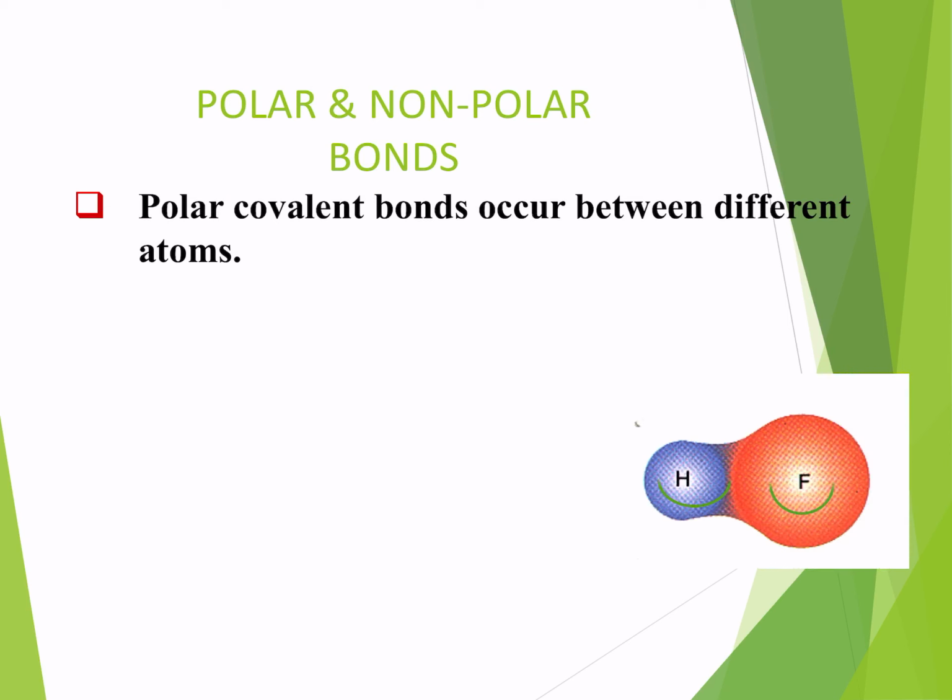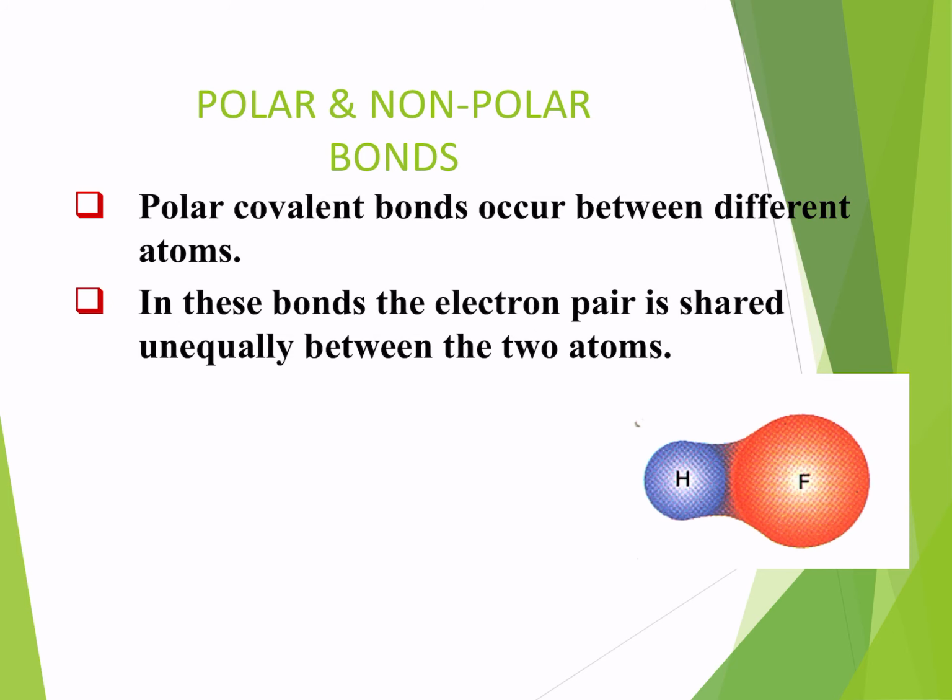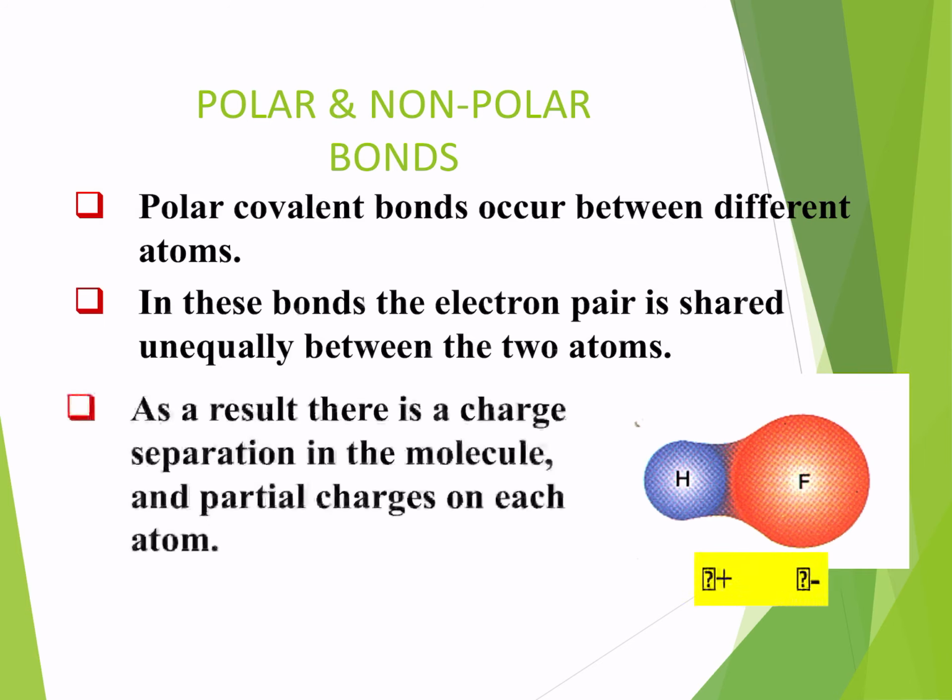Polar bonds are when we have different atoms, or atoms with really different electronegativities. Then the electrons will not sit directly between the hydrogen and the fluorine. They're still going to be between them, but they're going to sit closer to one atom or the other. We get what we call charge separation in the molecule, and this is due to electronegativity.